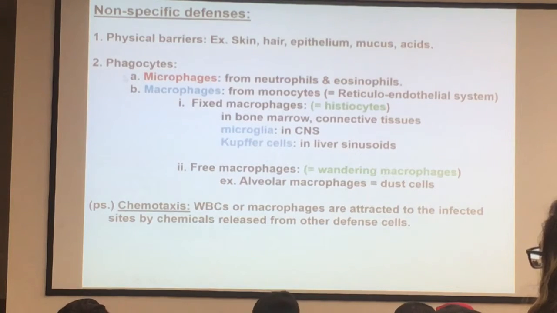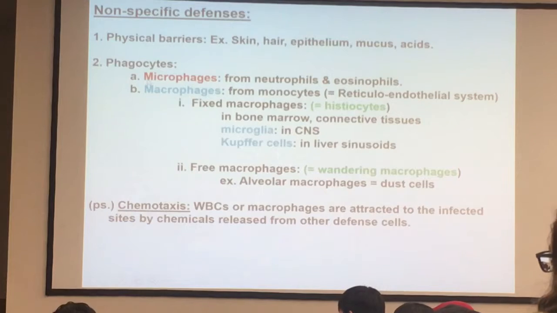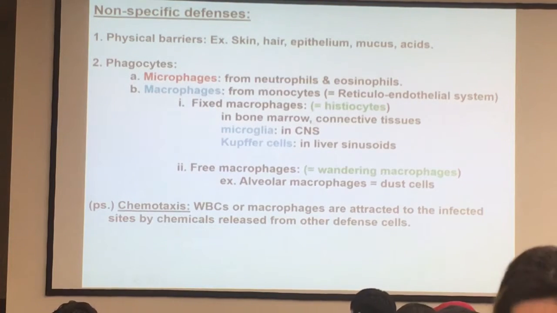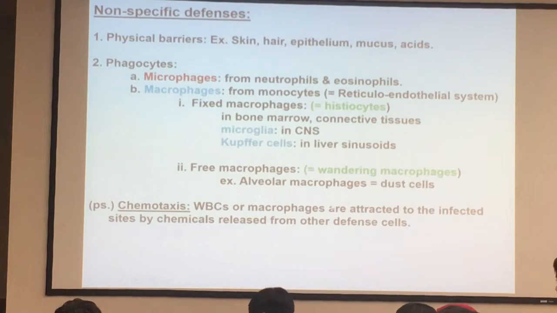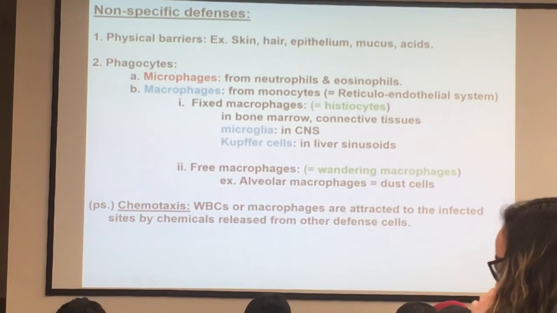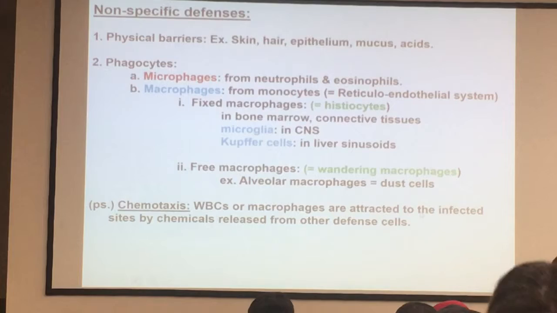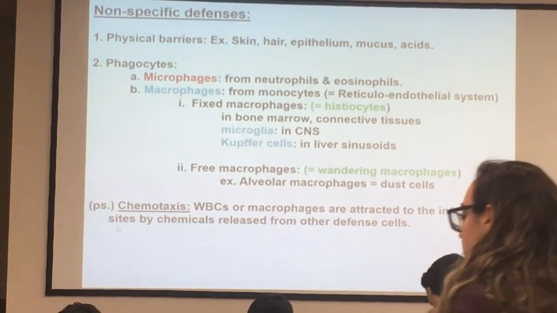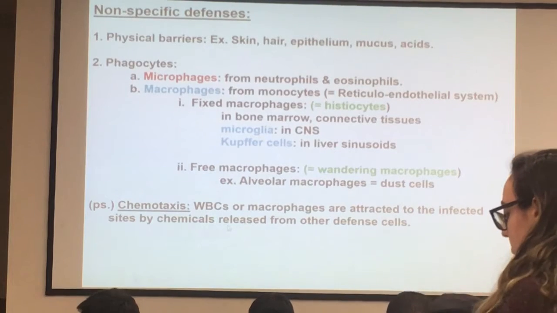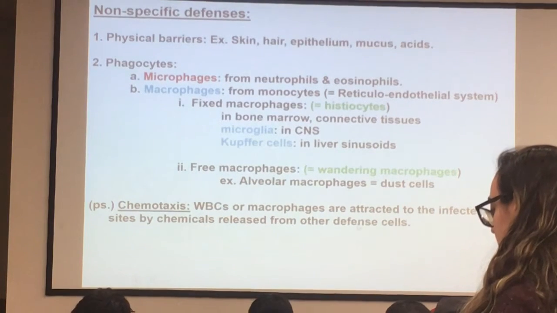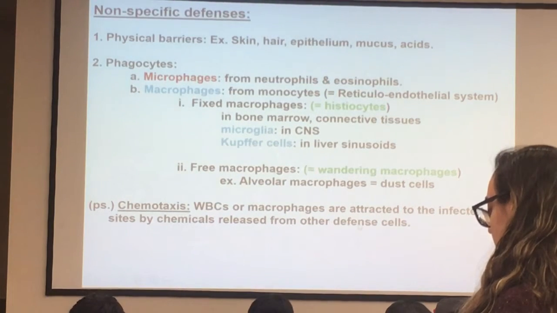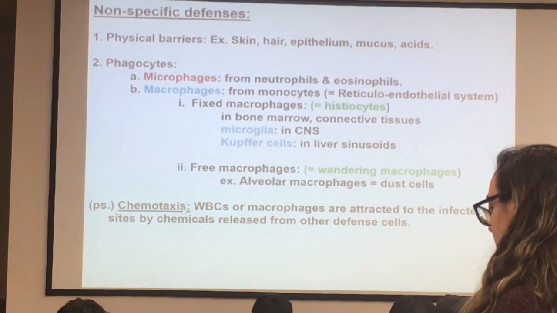And these cells not only swallow bacteria and virus, they also can release chemicals. All these microphages or macrophages can attract other cells to go to the infected area by chemicals released from all these defense cells. And this function we call chemotaxis.